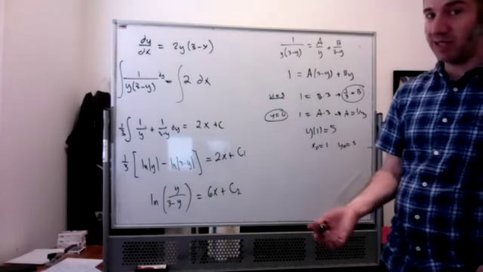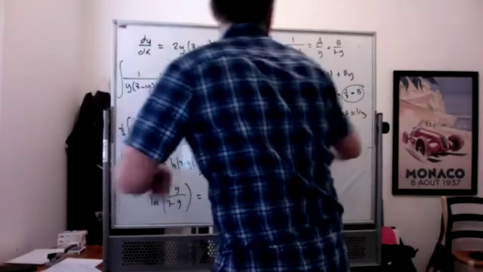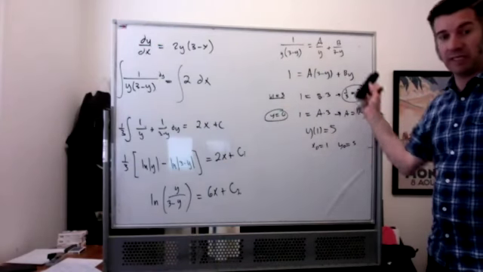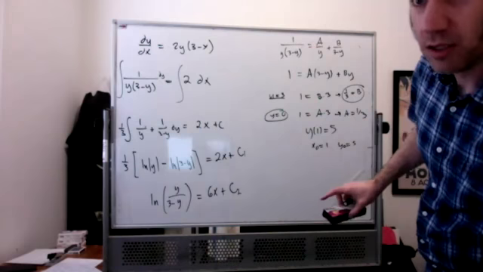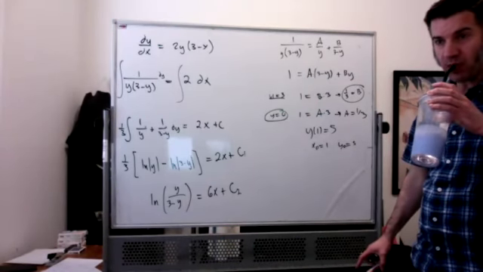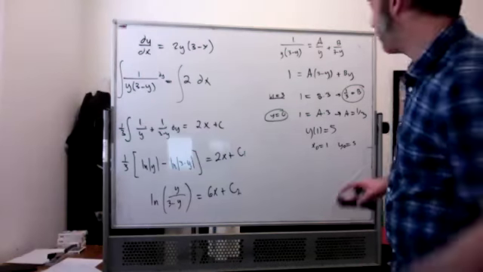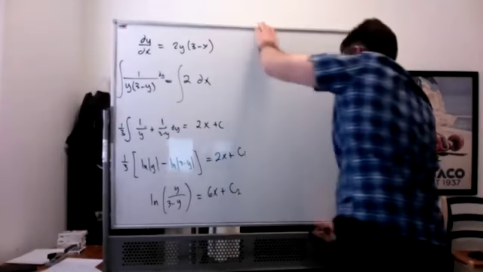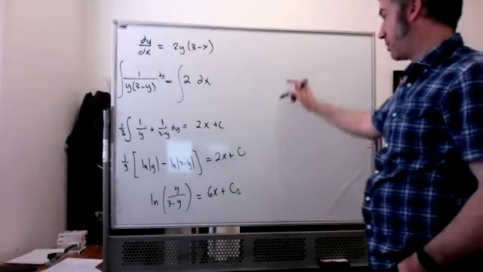Okay, now we're going to exponentiate both sides. I'm going to erase this unless there are any questions about this before I erase it. Okay. So I'm going to do e to the this.